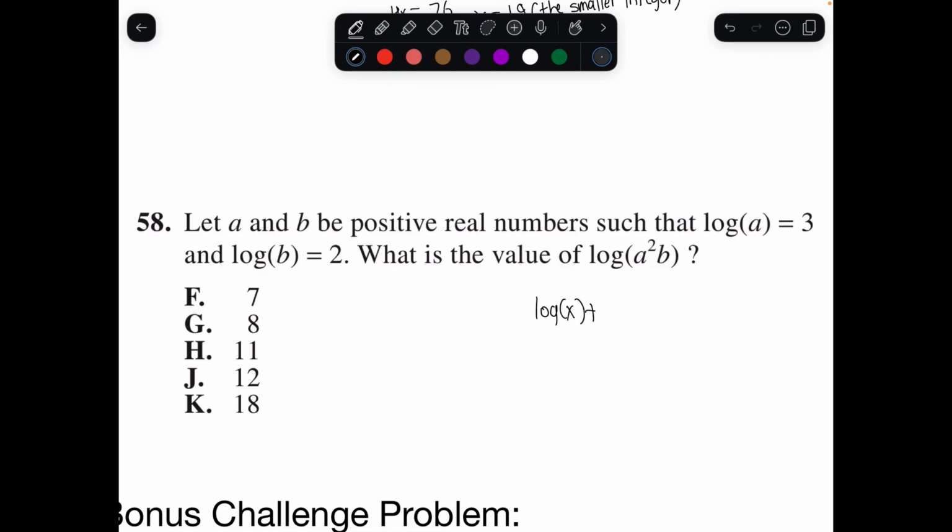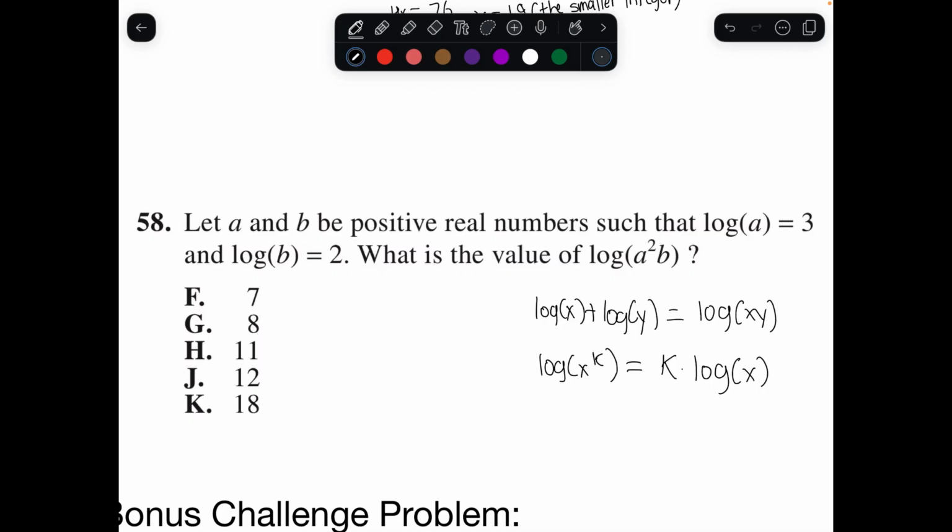This is the first one. Just remember that when you're multiplying inside a log, that turns into addition of logs. And then the other one is the exponent property, where the exponent just goes out in the front. These are the two properties that we'll be using.